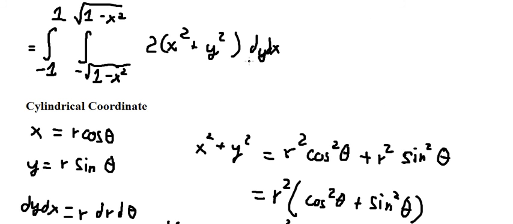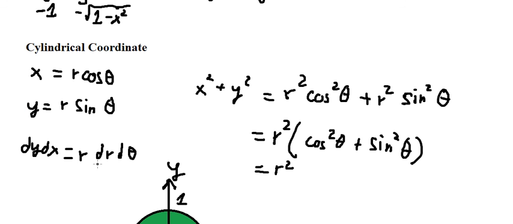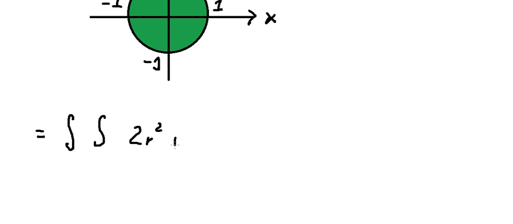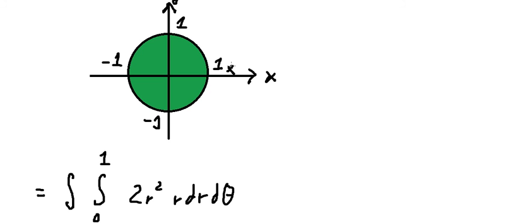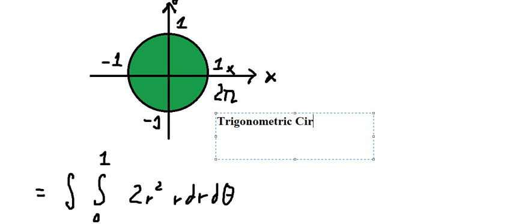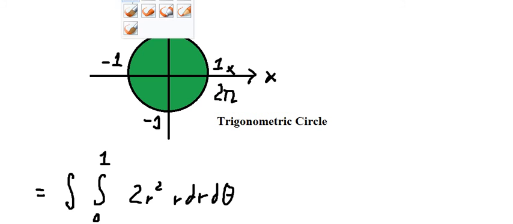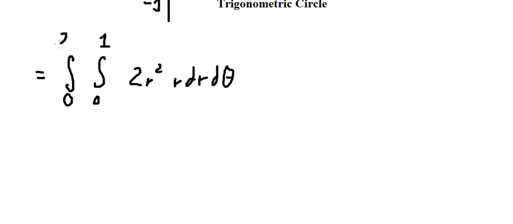Next, dy dx we change to r dr d theta. For dr, that is the radius of the circle, from 0 to 1. For d theta, we go around one circle, and that is 2 pi. We use the trigonometric circle, so that is from 0 to 2 pi.